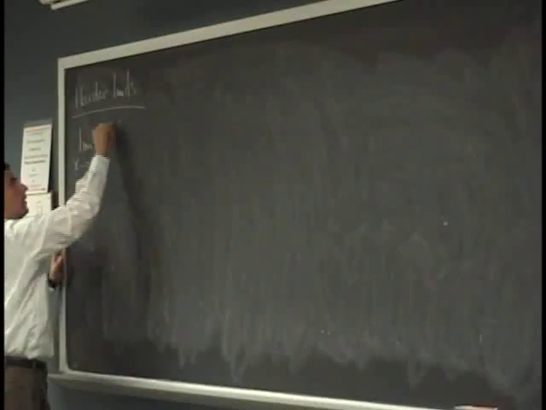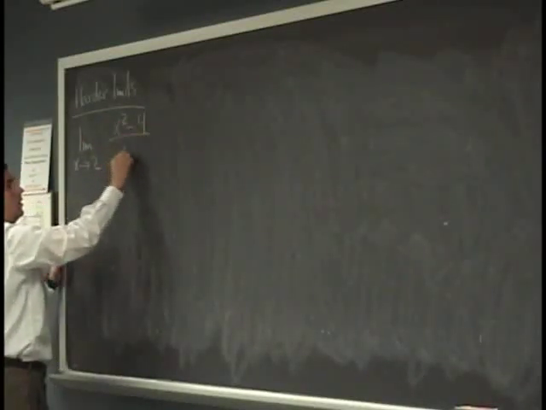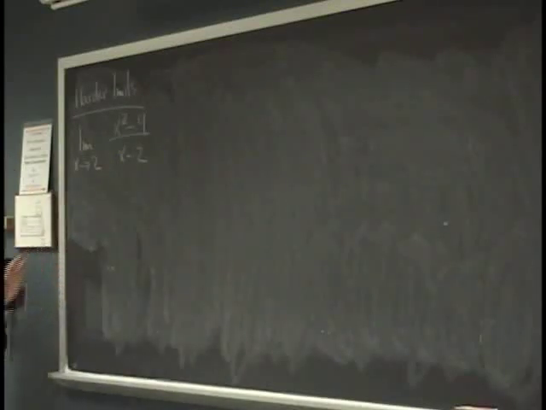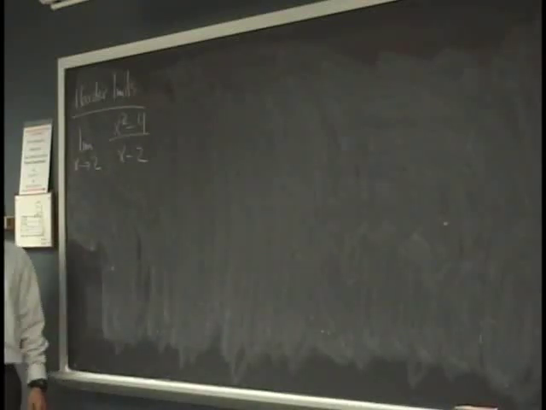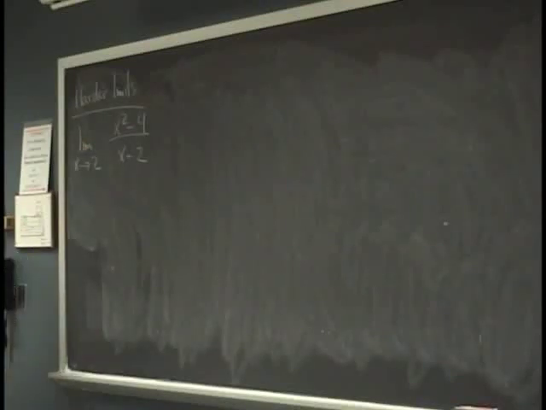Let's take one very similar to something you saw in the pre-final. Let's look at the limit as x approaches 2 of x squared minus 4 over x minus 2. Okay. Now, this function is not defined.